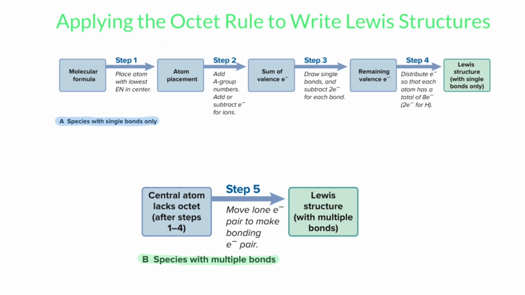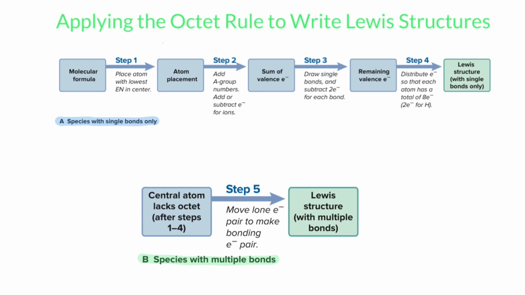Sometimes one more extra step is required, for organic molecules and also inorganic molecules, so totally five steps. In these five steps you will understand very clearly how to draw a Lewis structure.